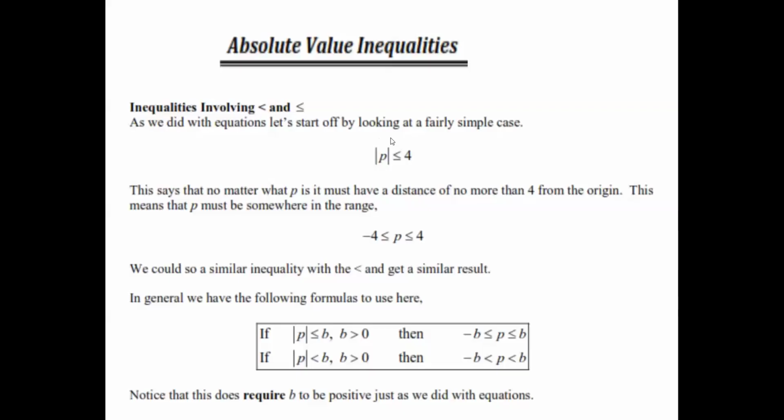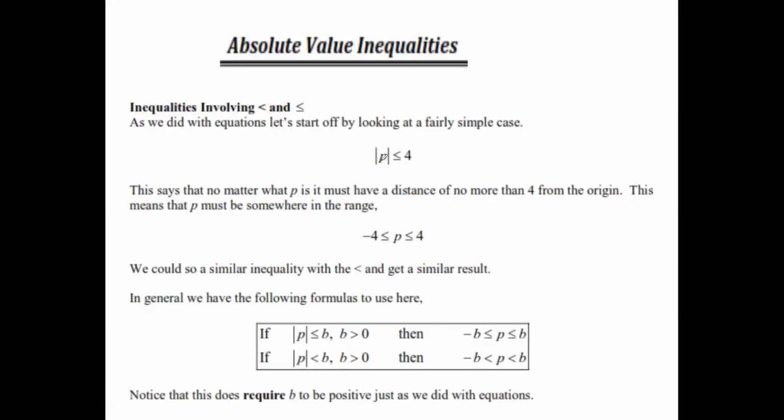So let's start with the one where the absolute value of something in there is less than or equal to some given number. They're using a number, to start with. Let's see if I can annotate here.